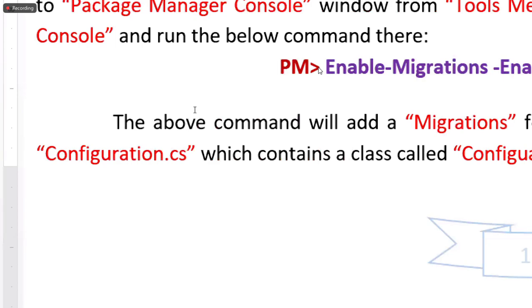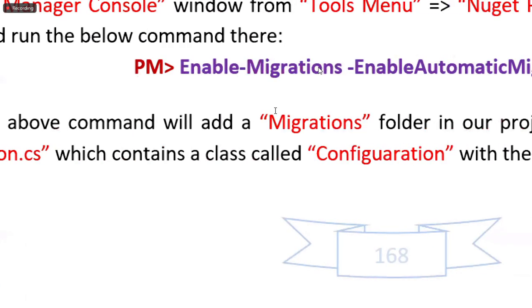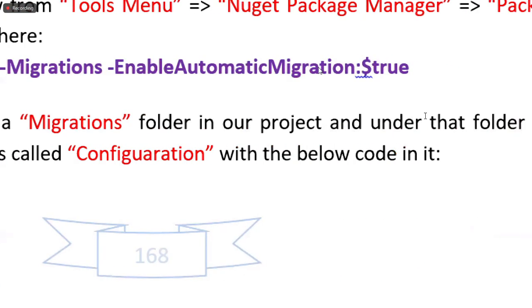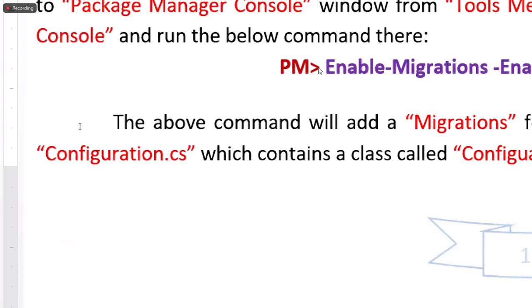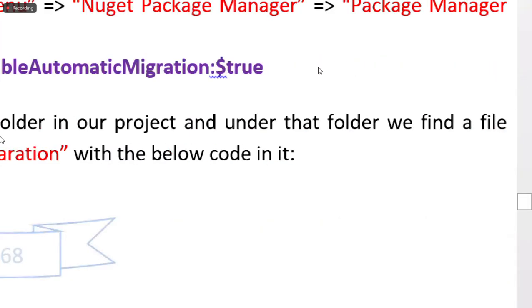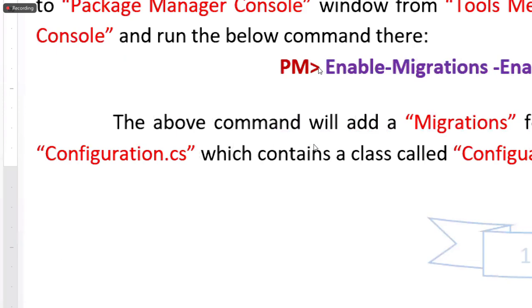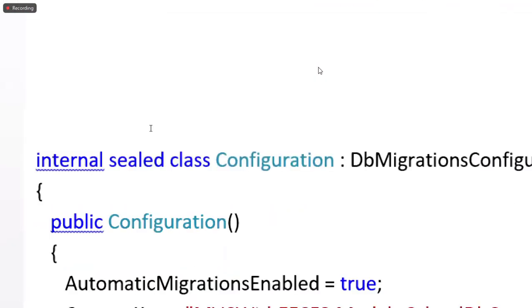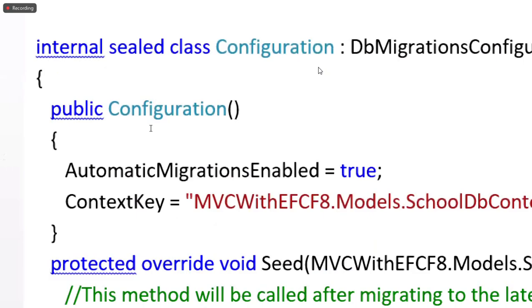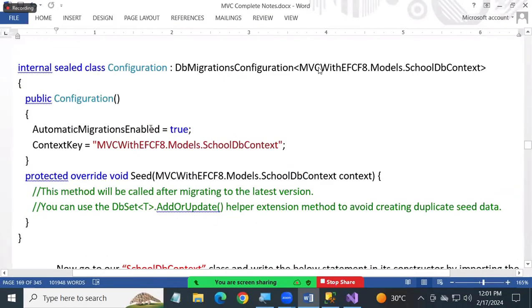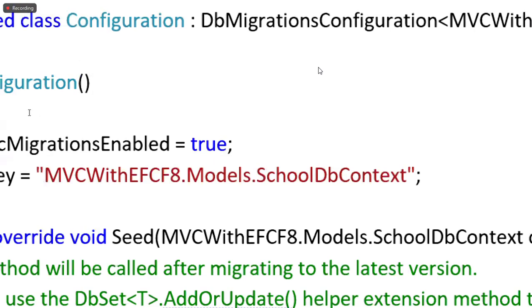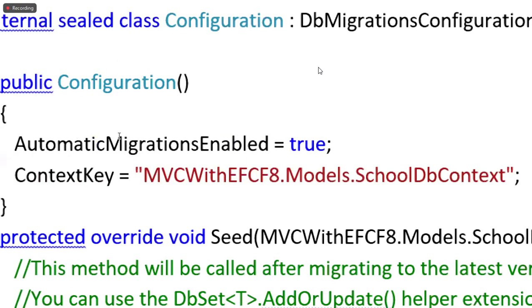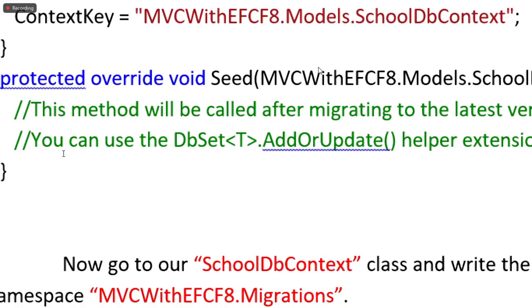The above command will add a Migrations folder in the project, and under the folder Configuration.cs, we find the file Configuration which contains a class Configuration with the below code. What is the code? Already shown you. This is the code now. Mainly, look at this: AutomaticMigrationsEnabled, context key, and something was present.